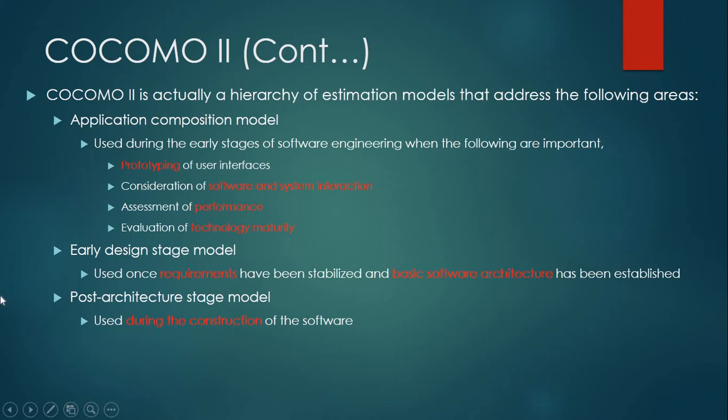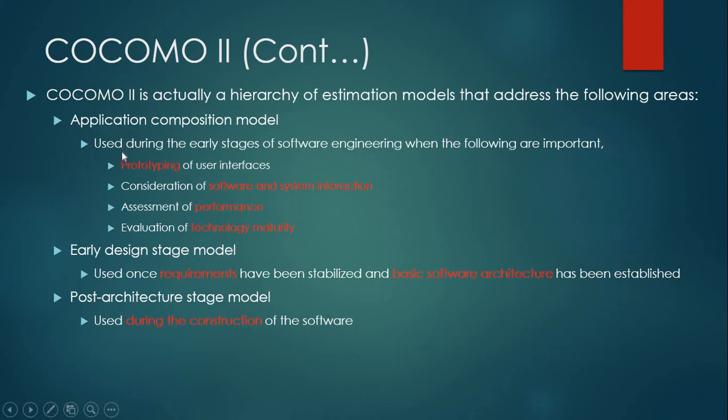COCOMO is actually a hierarchy of estimation models that addresses the following areas. For three areas we can use our COCOMO 2 model. First area is the application composition model, second area is the early design stage model, and third area is the post architectural stage model.